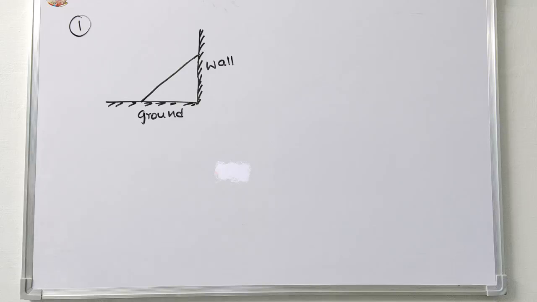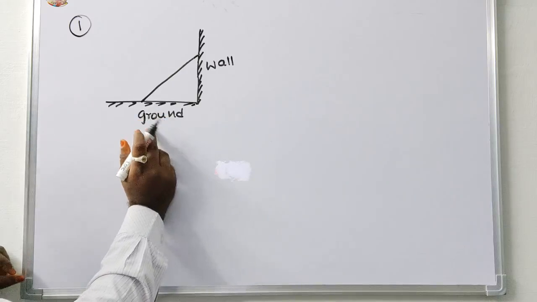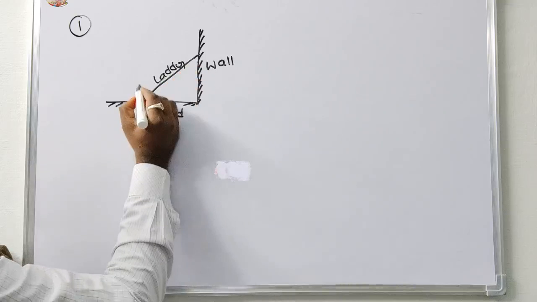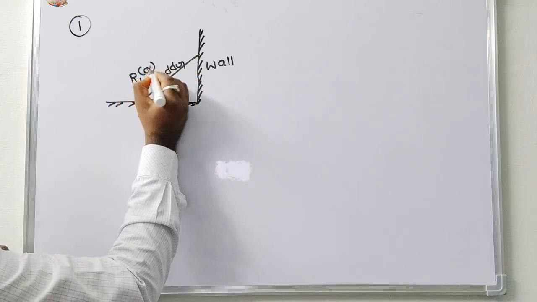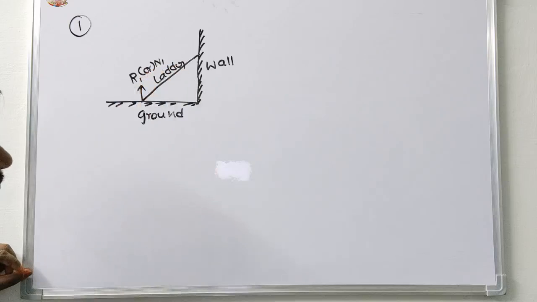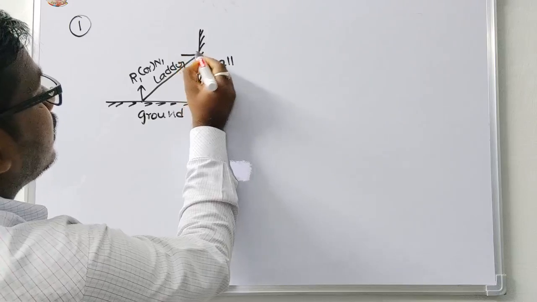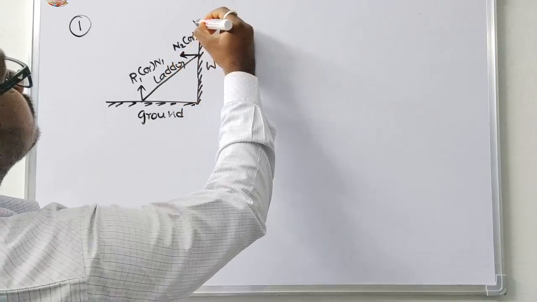In this, the normal reaction on the ladder from the ground is R1 or N1. The next one, from the wall, is N2 or R2.